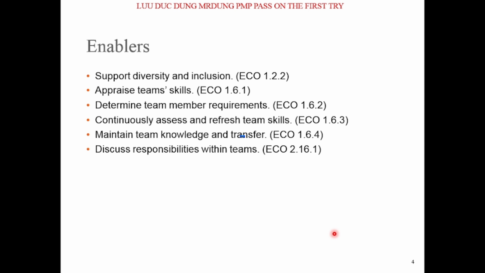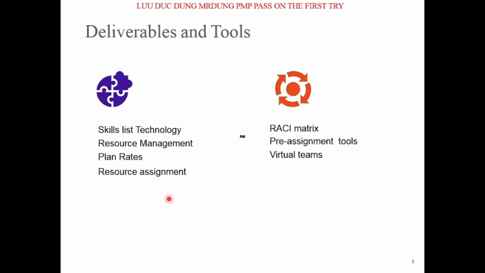ECO 1.6.3, maintain team knowledge and transfer. ECO 1.6.4, discuss responsibilities within teams. ECO 9.16.1. We have 6 enablers. Please remember.